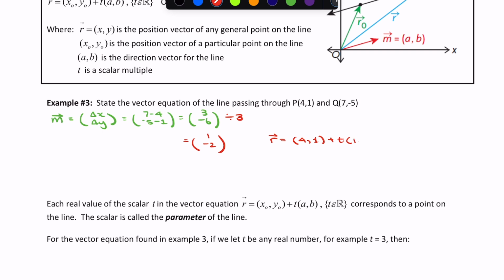So here that would be (1, -2). And here, again, t is an element of the real numbers.